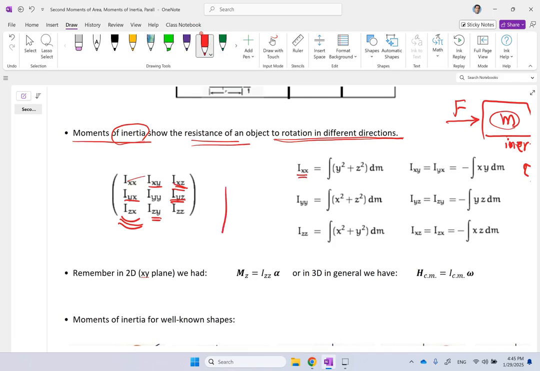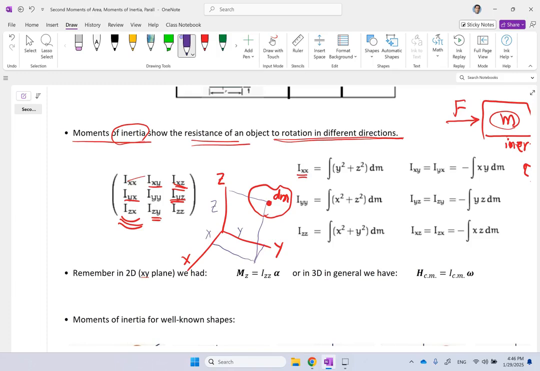What is it? In 3D, if I have this object and I have this small element here and the mass of it is dm, and these are the x, y, z, the distance of this element to the x-axis is what? If we project this down, we know that these are the x, y, and z components.